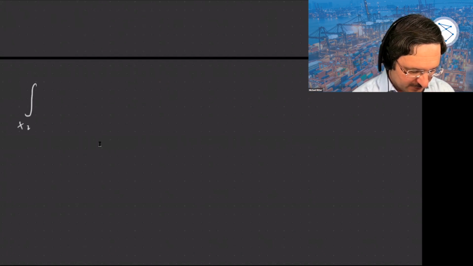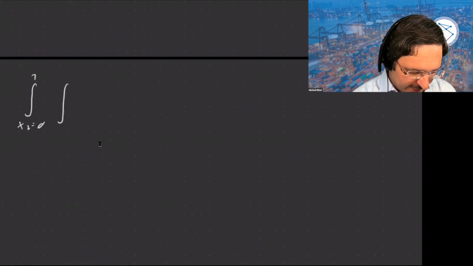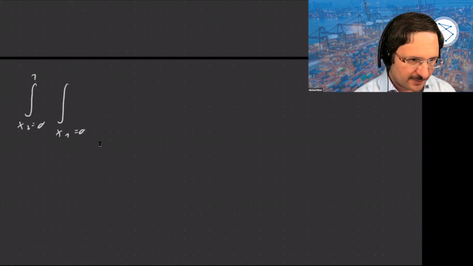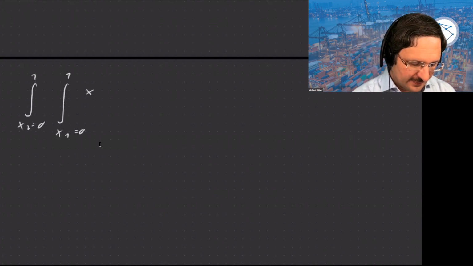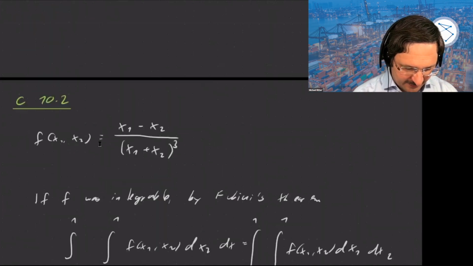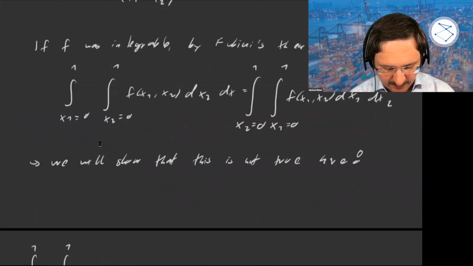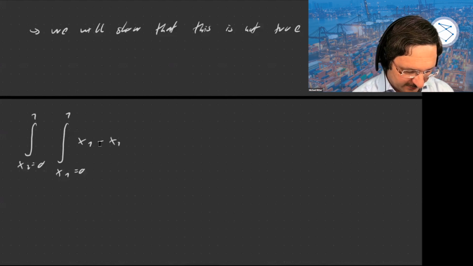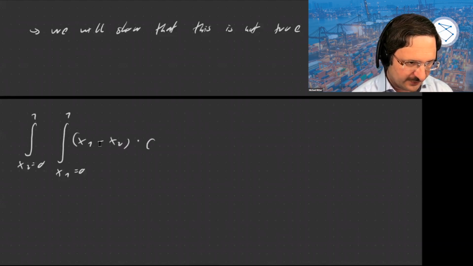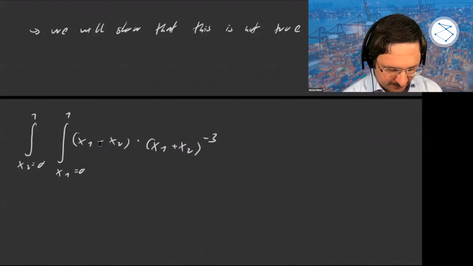So we first compute the integral for x2 from 0 to 1 over the integral for x1 from 0 to 1 of the function f, and remember, that is x1 minus x2 over x1 plus x2 to the power of 3. So we can write that as x1 minus x2 times x1 plus x2 to the power of minus 3 dx1 dx2.